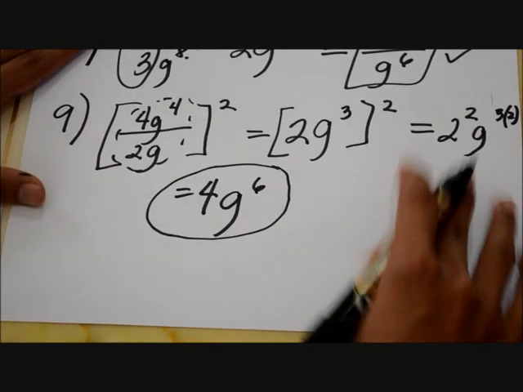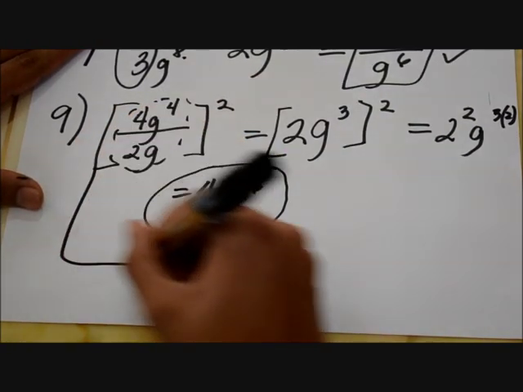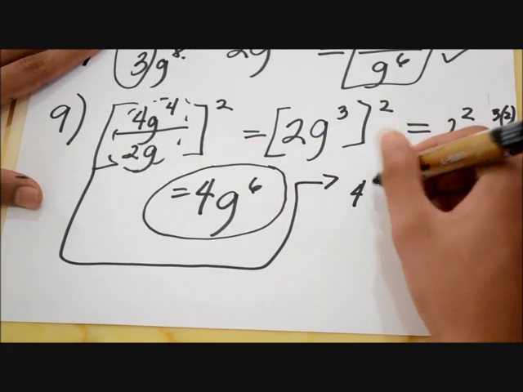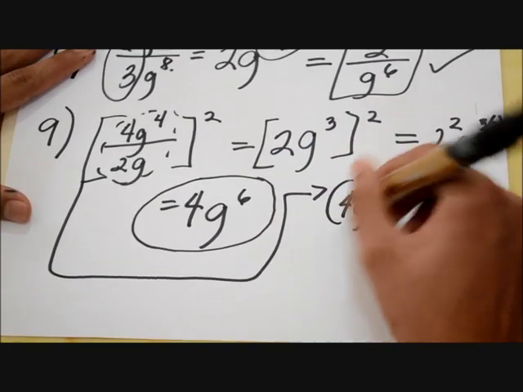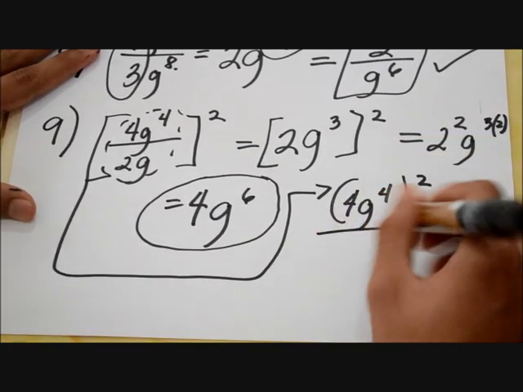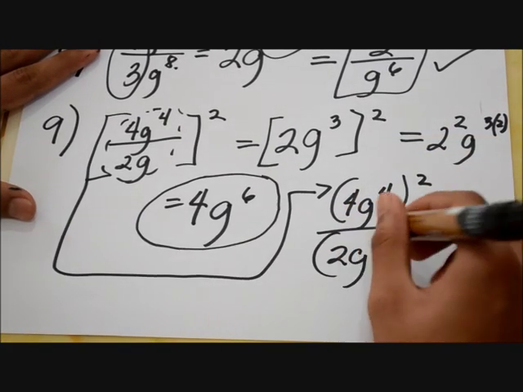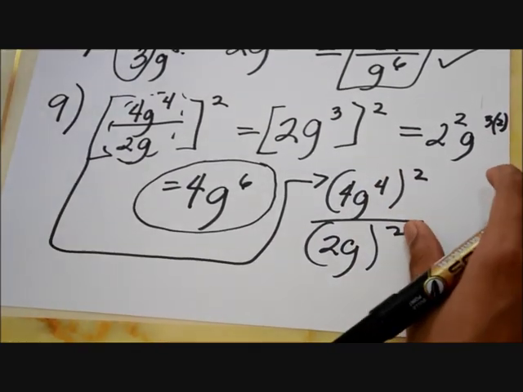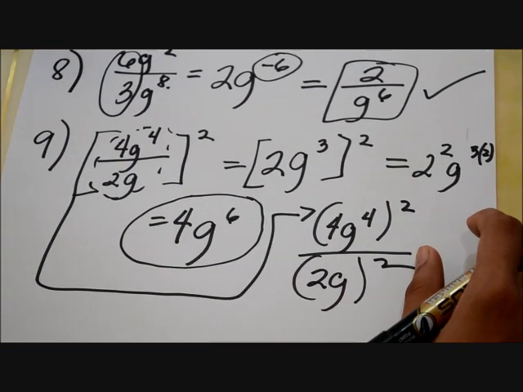Aside from this method, we are giving you another way of solving the problem. So given 4 grams raised to the power of 4 over 2 grams, raised to the power of 2.